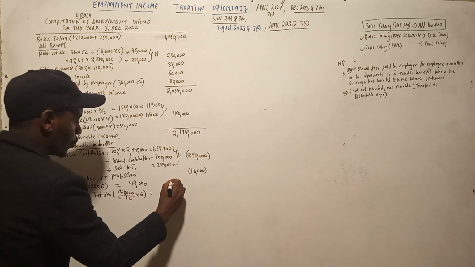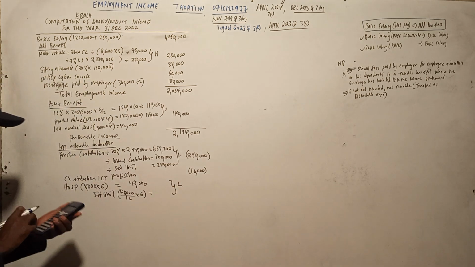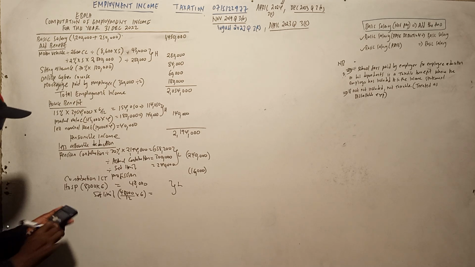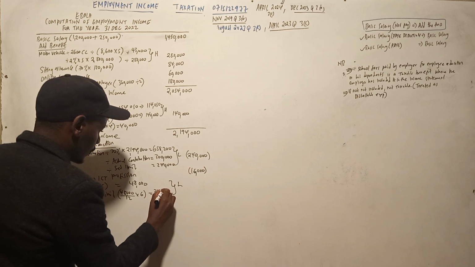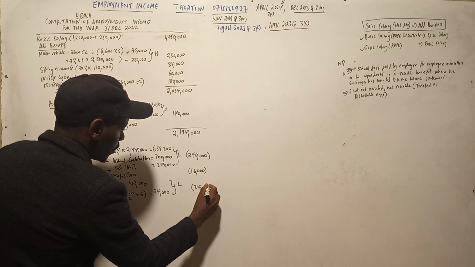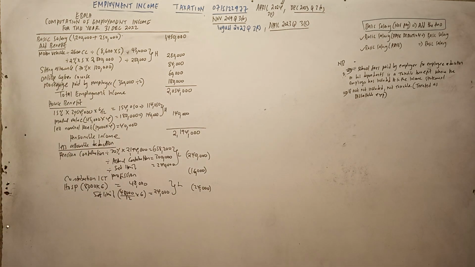So then you will consider the lower. So 48,000 per year divided by 12 times 6, 24,000. So kumaanisha hapa itakuwa 24,000. Haya, tukishafanya hiyo, tubakisha mwisho ni mortgage.